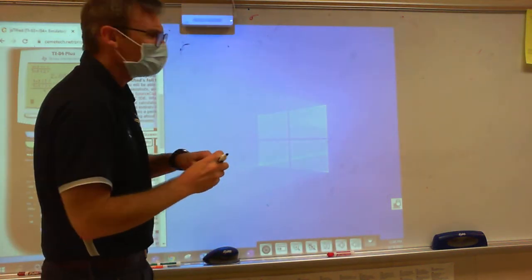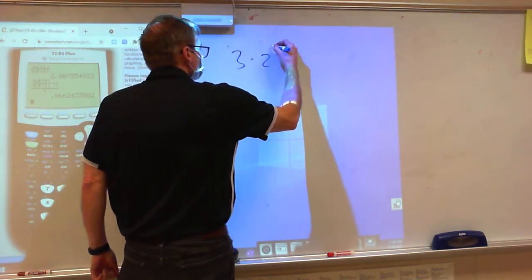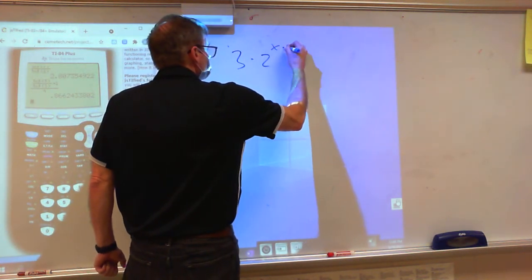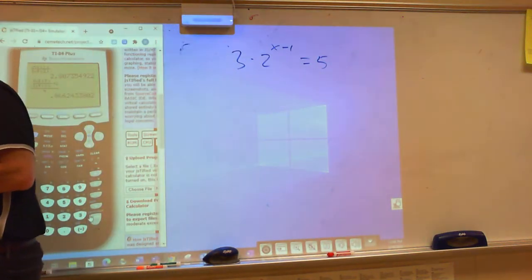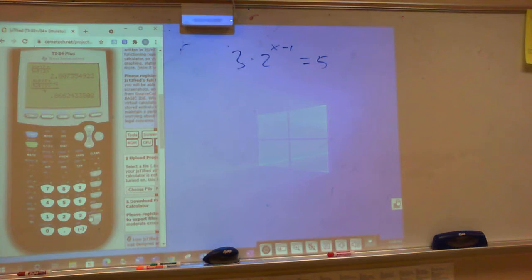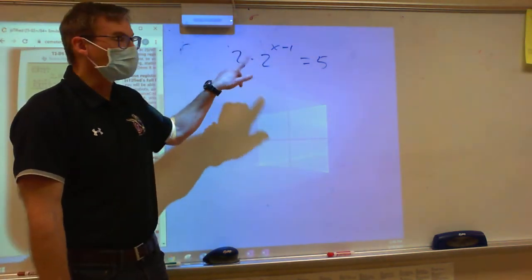Well, what if I gave you 3 times 2 to the x minus 1 is equal to 5? What do you do now? Actually, what do you do first? Divide by 3. I want to make sure everybody understands, do you understand that taking log of both sides doesn't help?